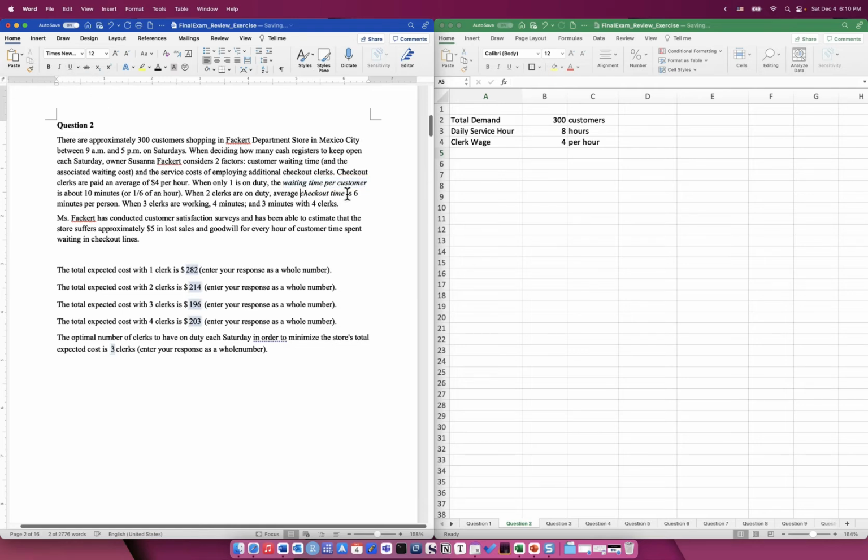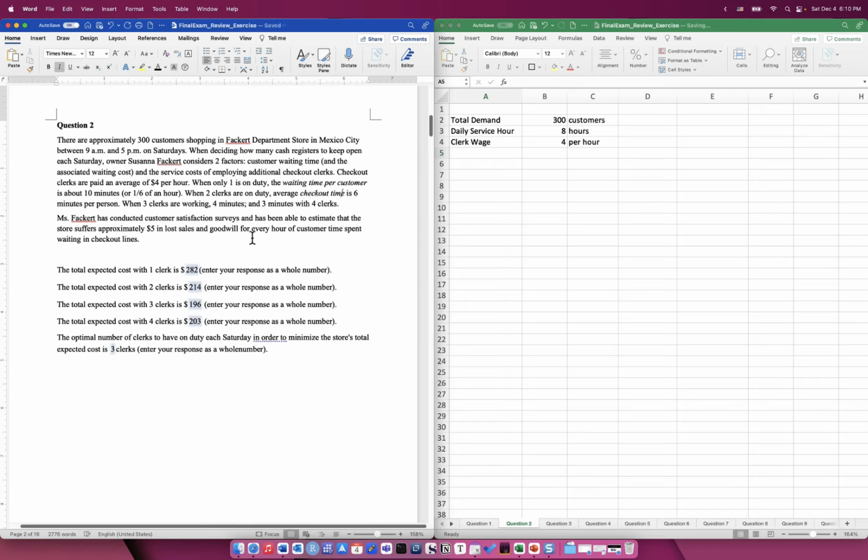There's no way for us to infer the checkout time when there's 1 clerk when you're providing the checkout time with 2 clerks. So at this point, I need to mindfully determine which direction I want to go. Considering this as the average service time will make this problem unsolvable. So I'm going to use this as the same information here, the customer waiting time.